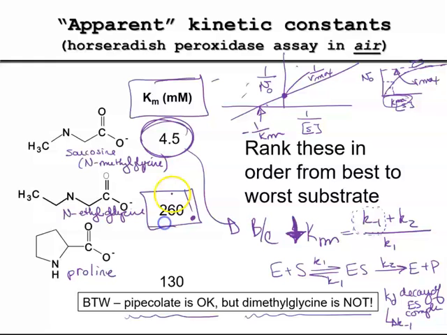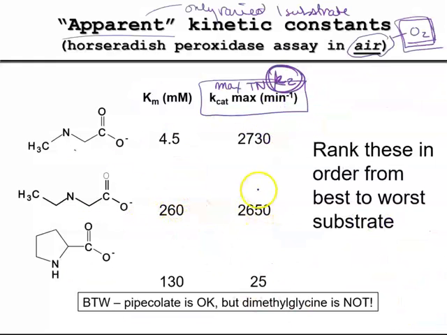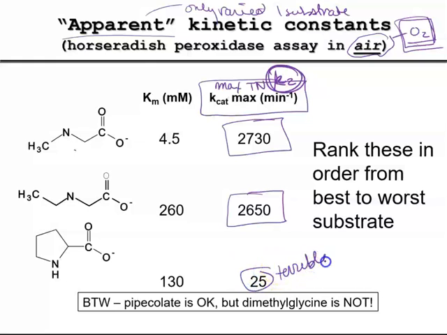But now if we look at this 260 millimolar Km in the context of turnover number, so how fast is the enzyme spinning out product per minute? Doesn't seem so bad anymore, does it? Now N-ethylglycine doesn't look too bad. Well, proline we've solidified as pretty much a worst case scenario here, because this turnover number is terrible.